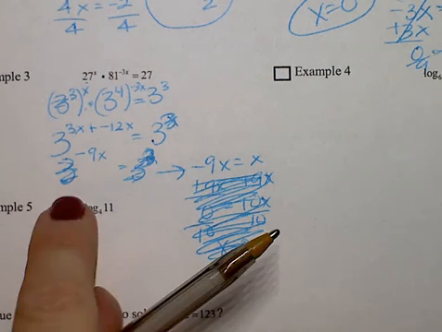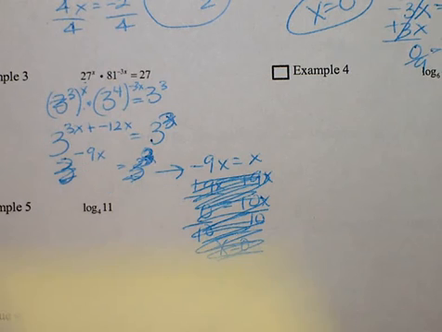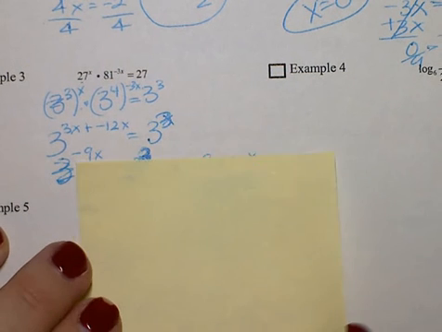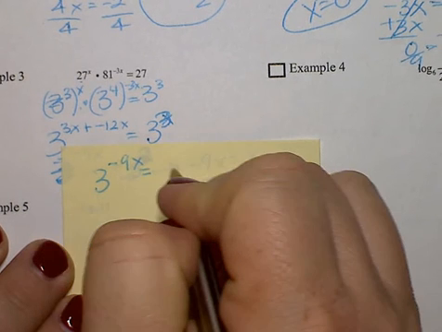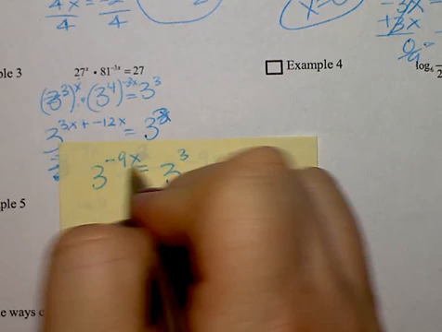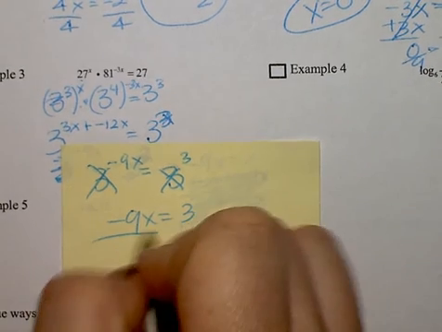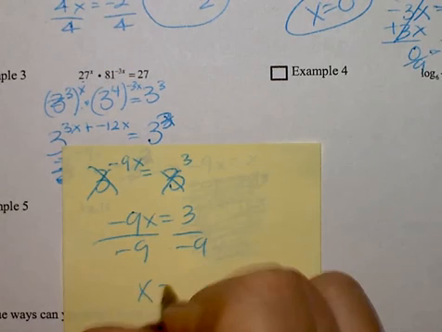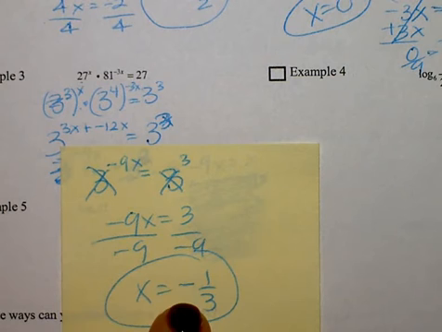So at this point I have 3 to the negative 9x equals 3 to the third. Now I can cancel out the bases, and I have negative 9x equals 3. Divide by negative 9. Reduce this fraction to get a negative 1/3. That looks better. Exact answer. Thank you, Diego.